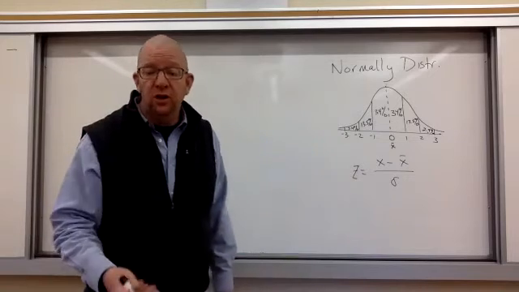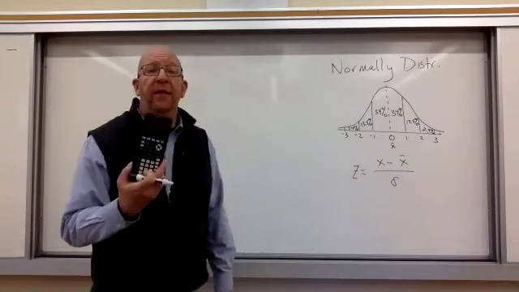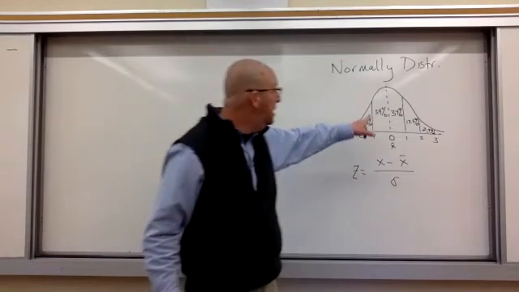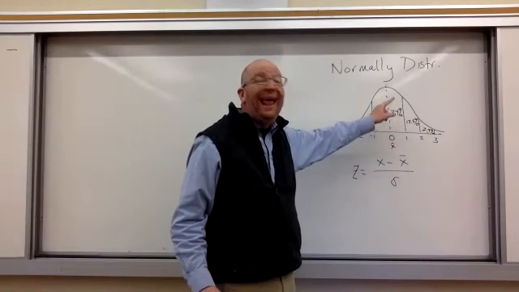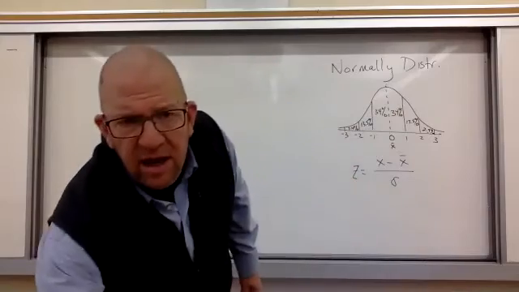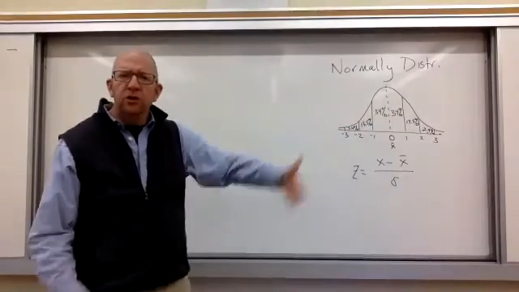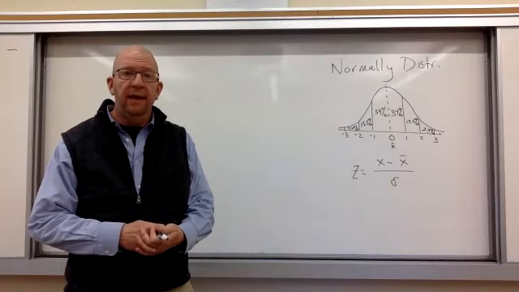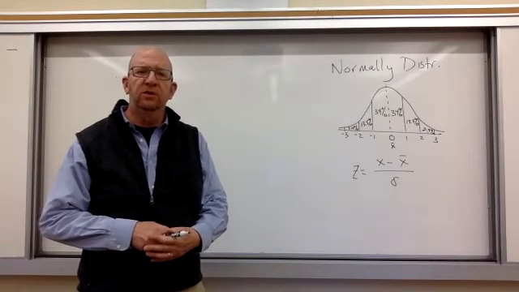Now, what we can do is use our calculator to calculate both the area underneath and the z-score from the area. Because think about it. If you know the area, you should be able to go back and get the z-score, shouldn't you? Yeah. We're going to have the calculator show us how to do it.